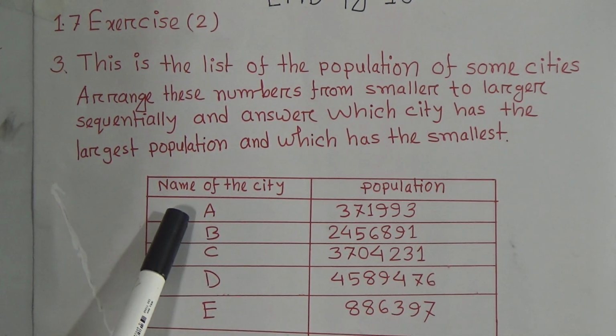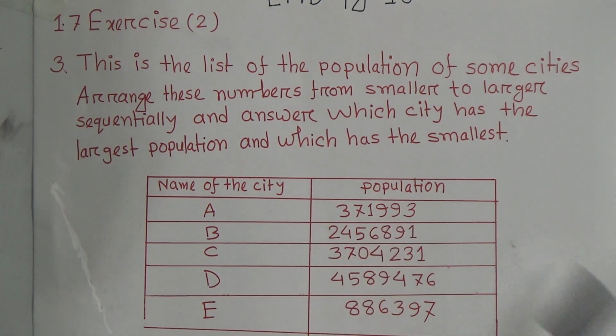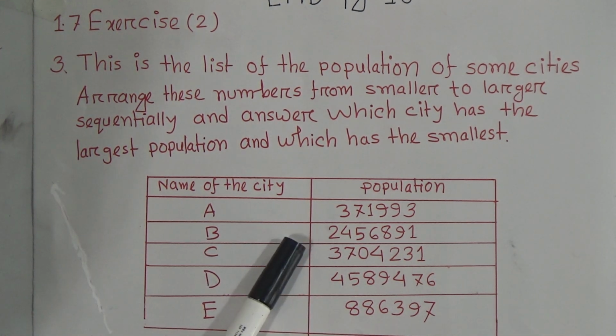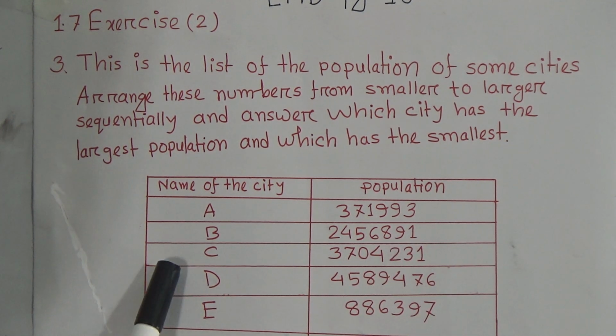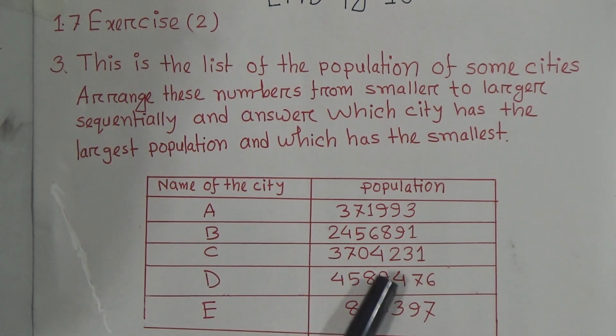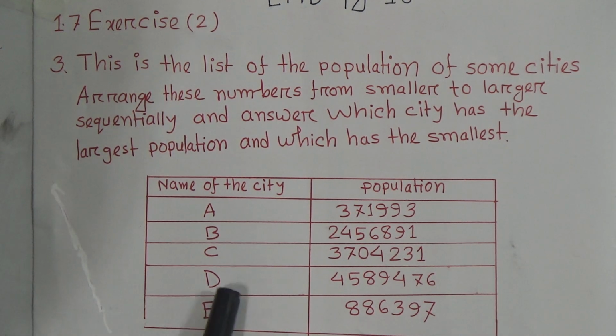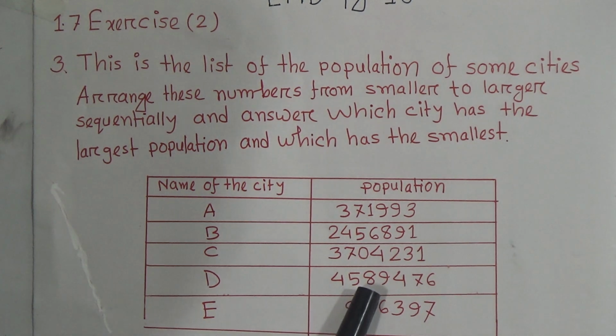City A has the population 3,71,993. City B has population 24,56,891. City C, 37,04,231. City D, its population is 45,89,476.